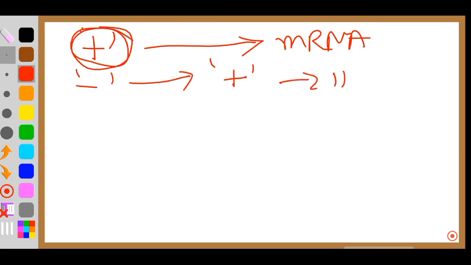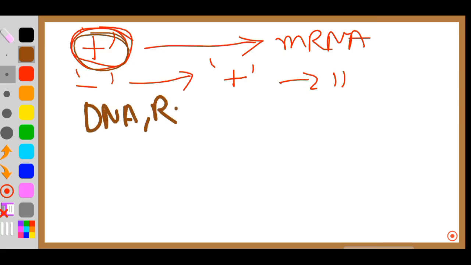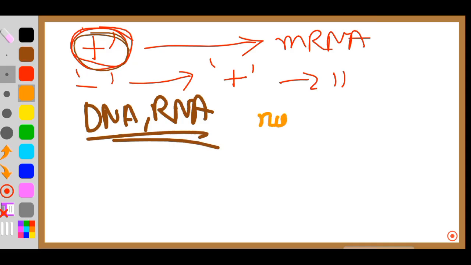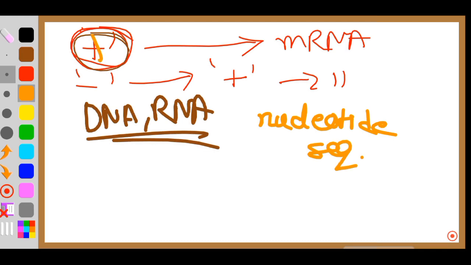Why is it so? Because we all know that DNA, RNA, these have the nucleotide sequences in them, isn't it? The nucleotide sequences. In case of positive strand, the nucleotide sequence is same as the mRNA. But in case of negative strand, it is complementary to the mRNA.